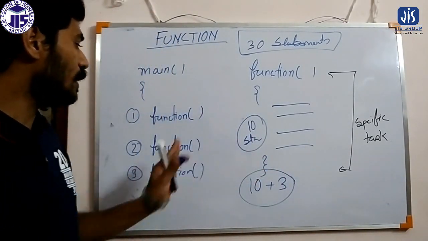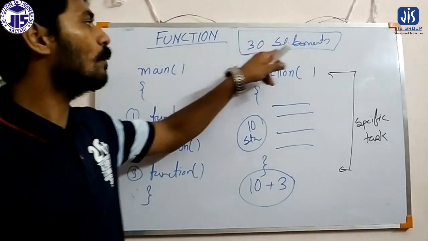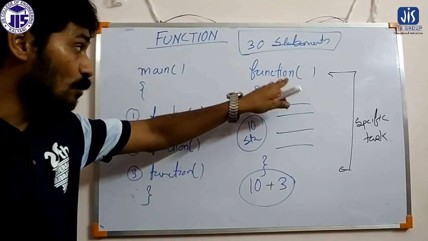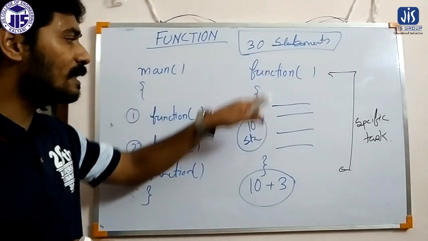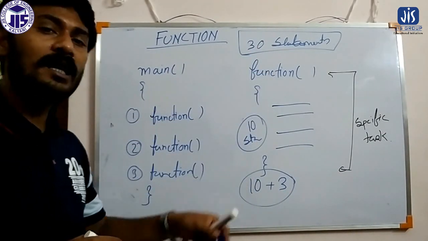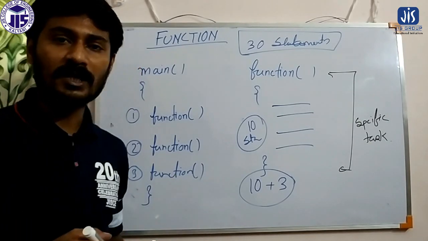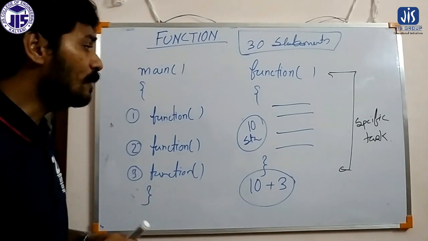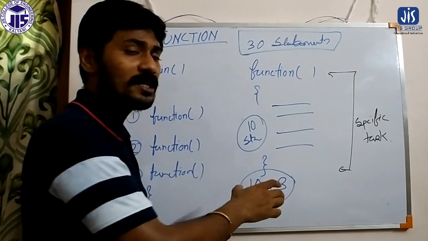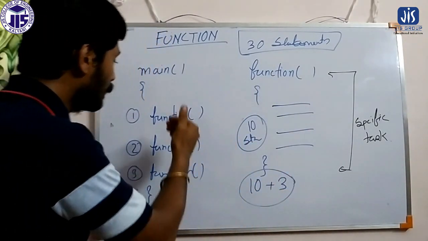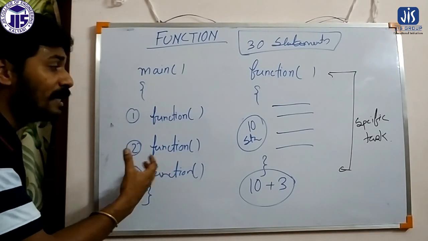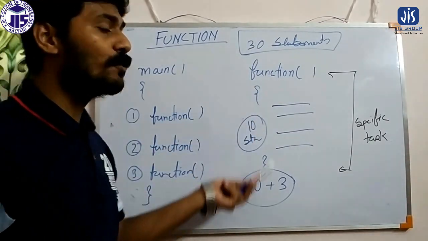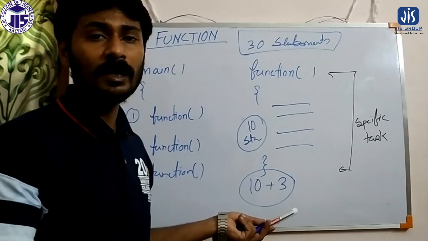If we are not using the concept of function, we require 30 statements, and if we use the concept of function, we require 13 statements. So you can see we can reduce 17 statements by using a function. If the number of instructions within a function increases, and the requirement of the function in the program increases, then this difference will also increase.